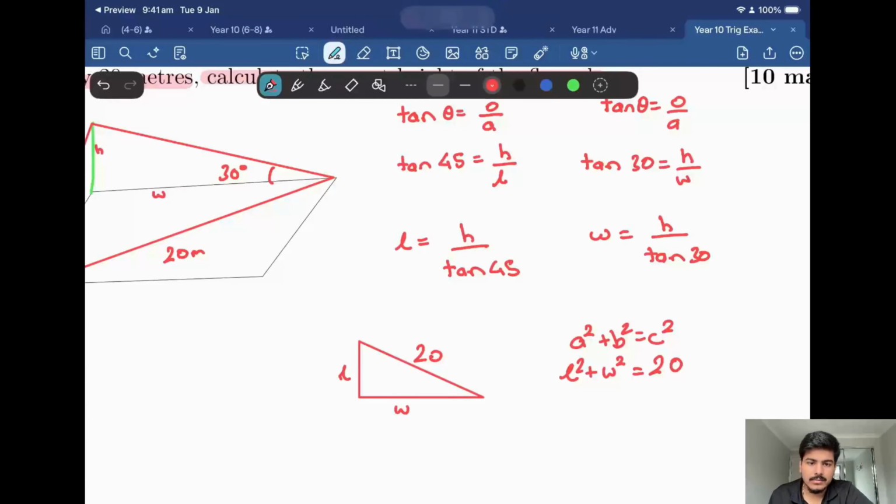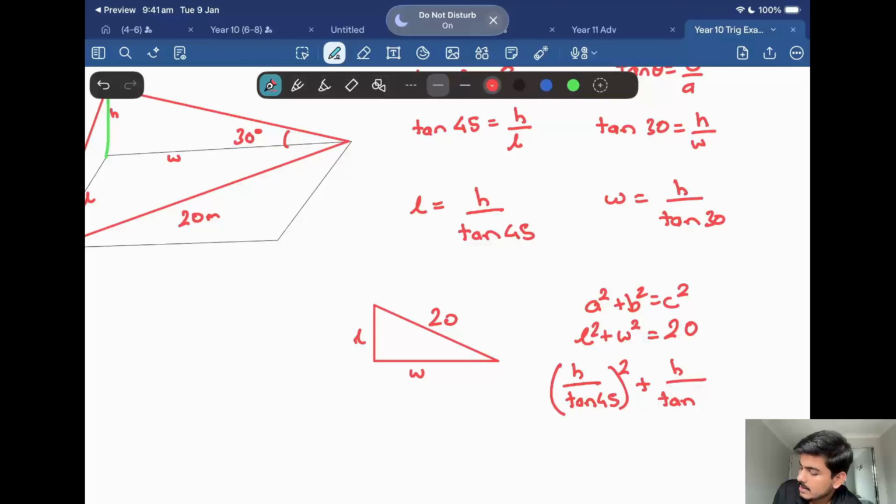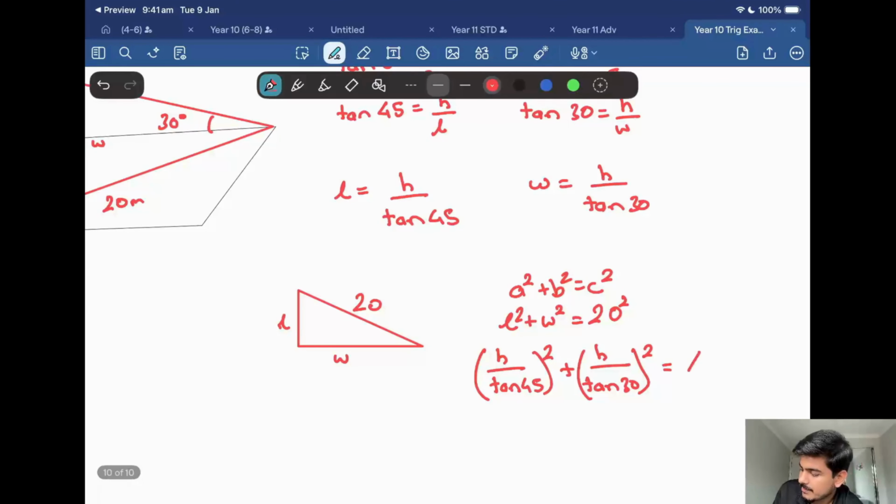So L is h over tan 45, all squared, plus width, which is h over tan 30, all squared, which is equal to 20 squared, which is 400.